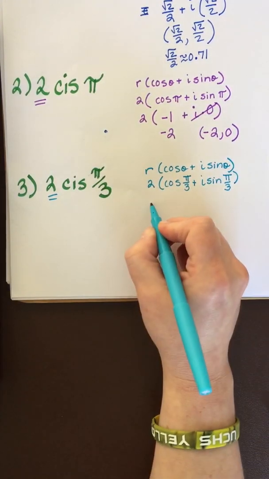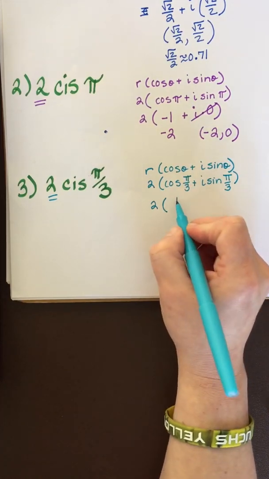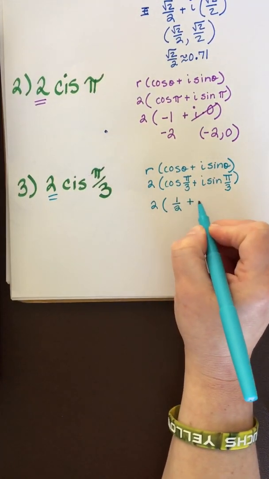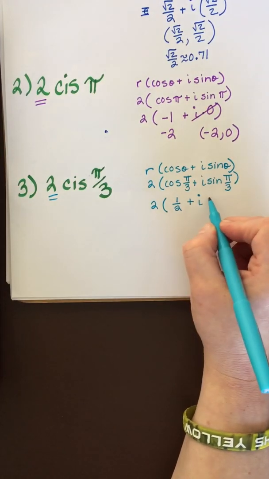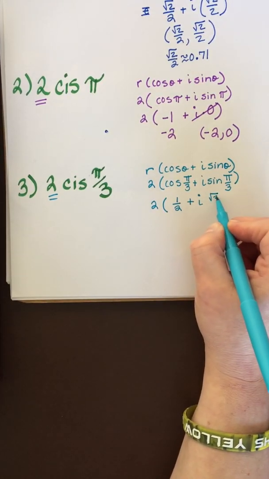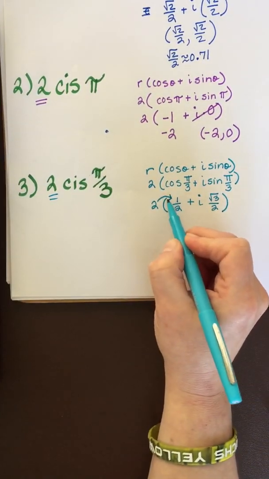All right, and then our unit circle values. The cosine of pi over 3 is 1/2, plus i times the sine of pi over 3, which would be the square root of 3 over 2. All right, and I'm going to need to distribute that too.